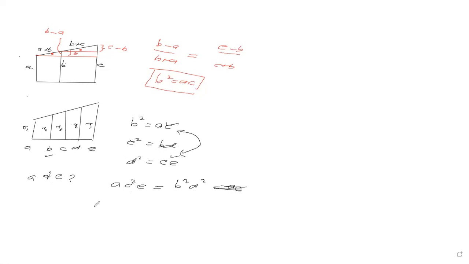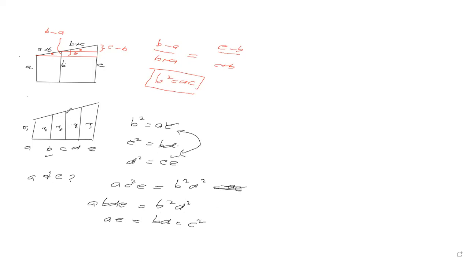C squared is equal to BD. Right? And then you have the BD occurs twice. So you have AE equals BD. But BD is C squared. Right? BD from here is C squared. And there you have it.